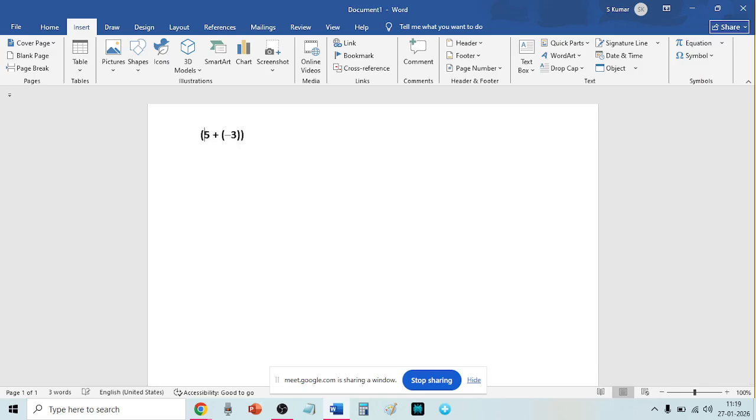And plus 2. This one, and the same thing will be there grouped in a different manner for associative. It's the same thing, only different grouping will be there.